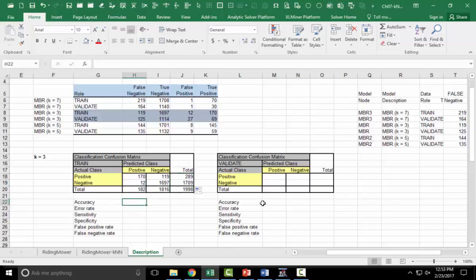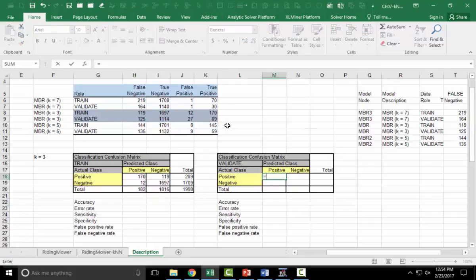Now you do the same thing here for the validate set, so it will be from here. So you have true positive, true negative, false negative, and false positive.